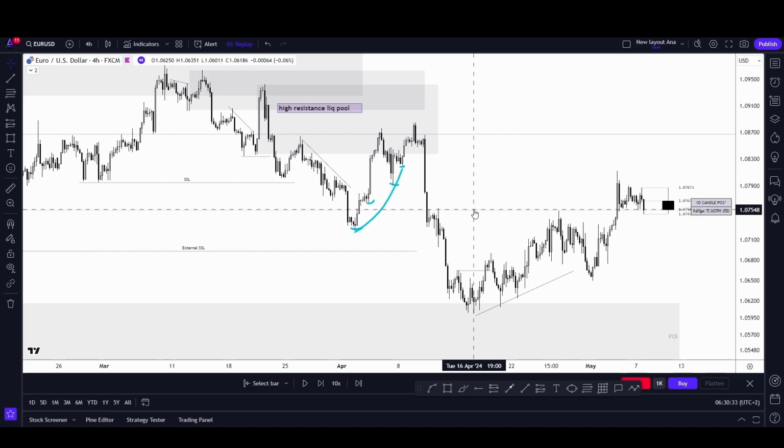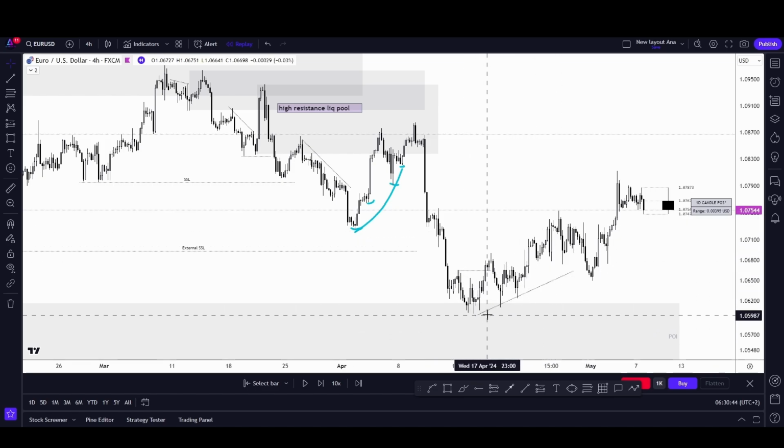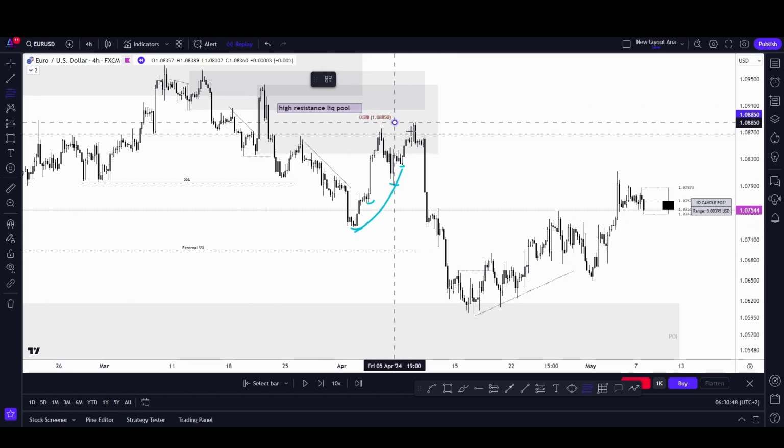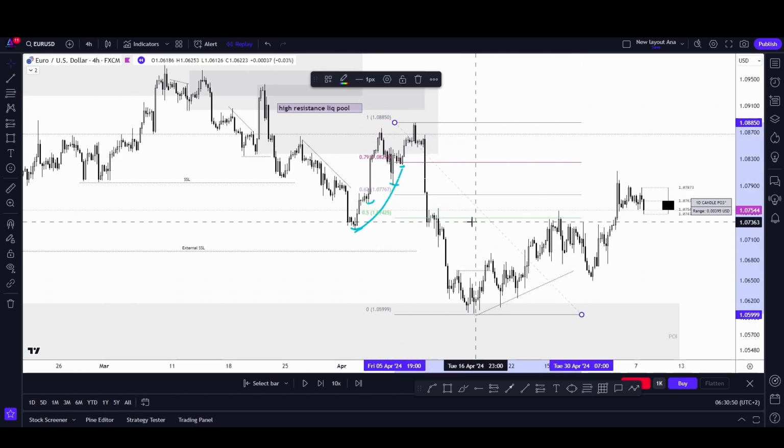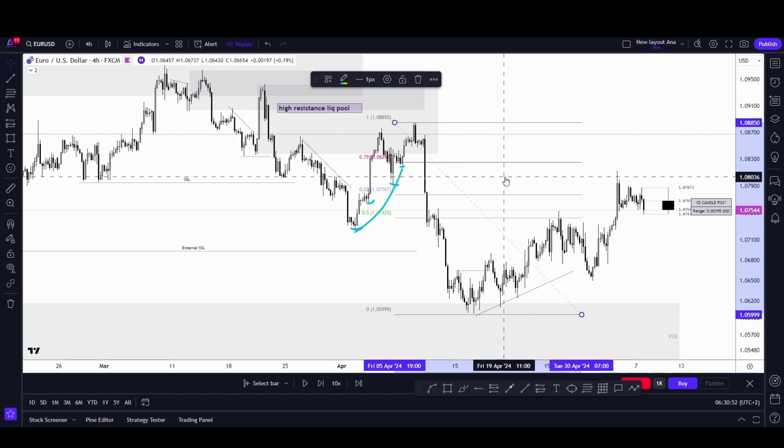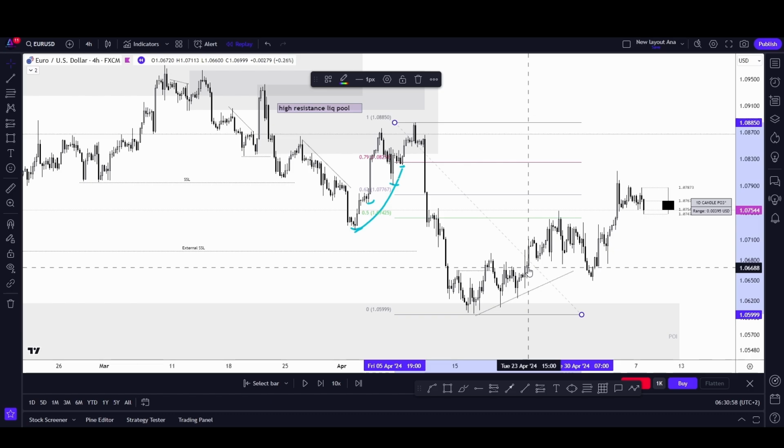And when you start putting together the puzzle, you will see that everything is connected. So price is creating those low resistance liquidity pools usually until we reach either equilibrium or premium in a bearish market, and discount or equilibrium in a bullish market.